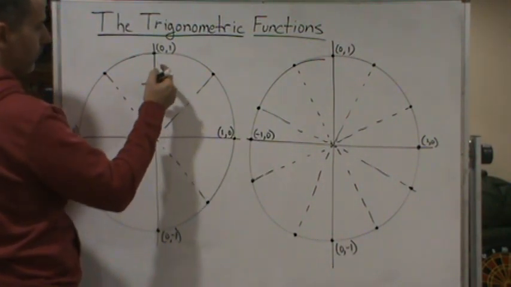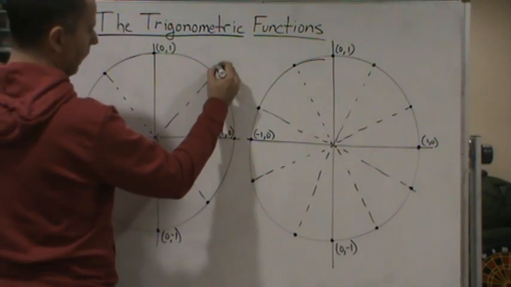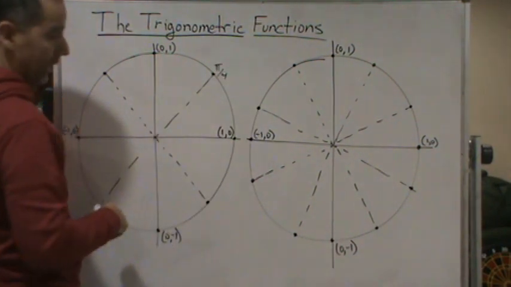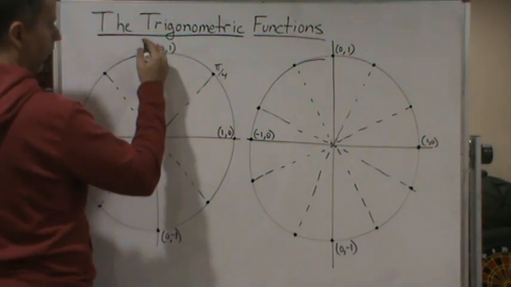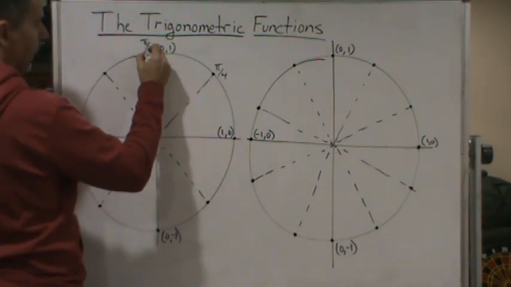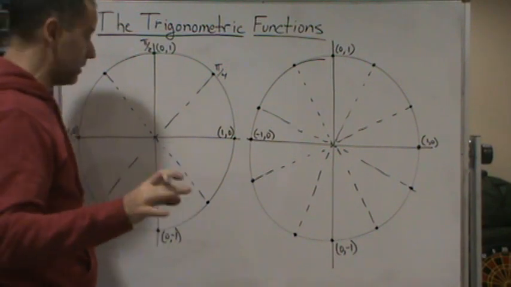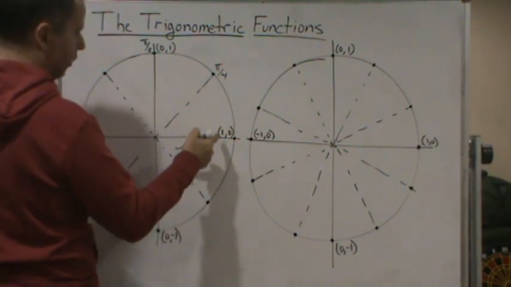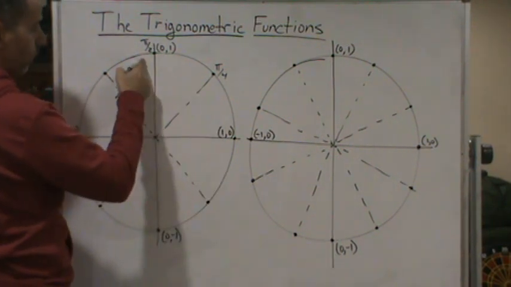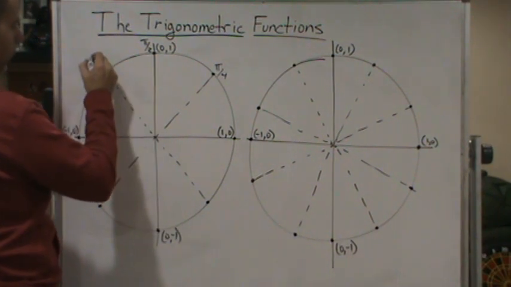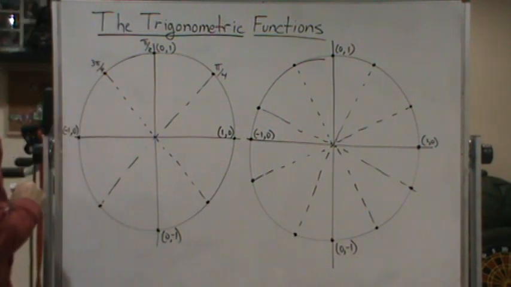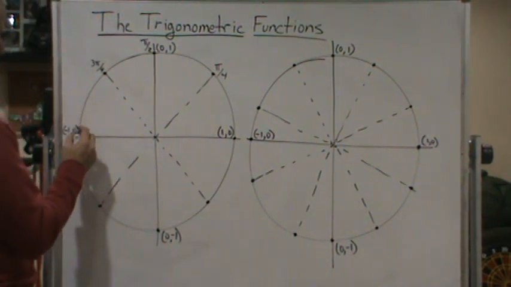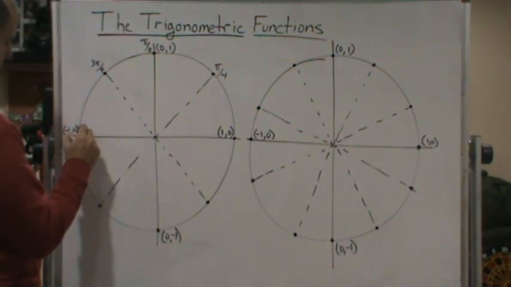And then here, let me write it out. So pi over 4. And again, this is review because we've seen this before. So pi over 4, and then this is pi over 2 because we're dealing with radians. And then pi over 4, 2 pi over 4, which is pi over 2, 3 pi over 4, and then 4 pi over 4, which is just pi.